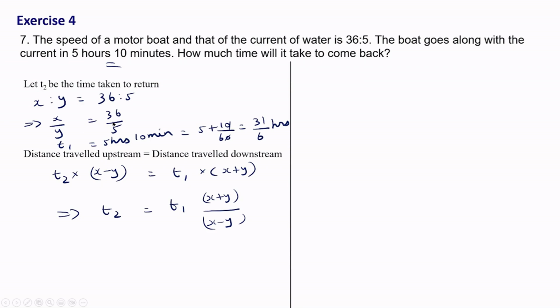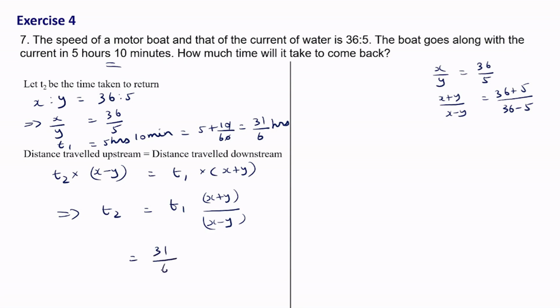Now we have x by y as 36/5. So using componendo and dividendo, if x by y equals 36 by 5, then x plus y upon x minus y will be 36 plus 5 upon 36 minus 5. So using this property, here we can substitute the values for x plus y upon x minus y. T1 is 31 by 6. So if we substitute all these values, we will get the answer for T2.